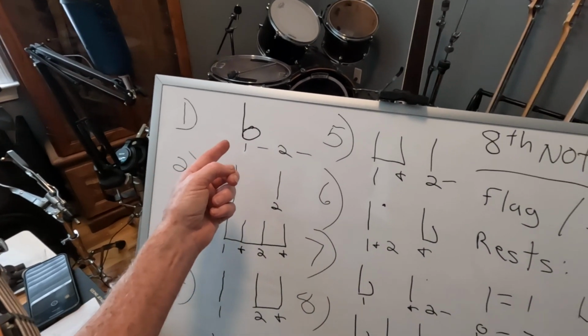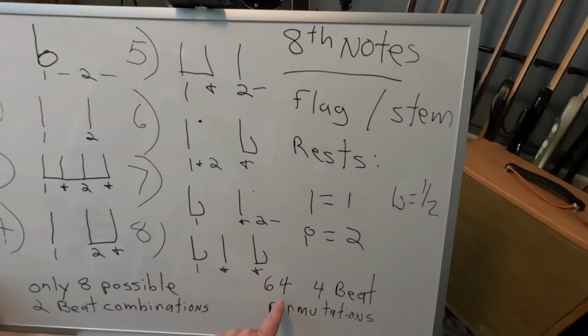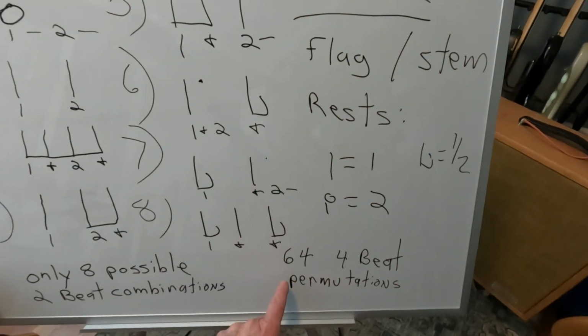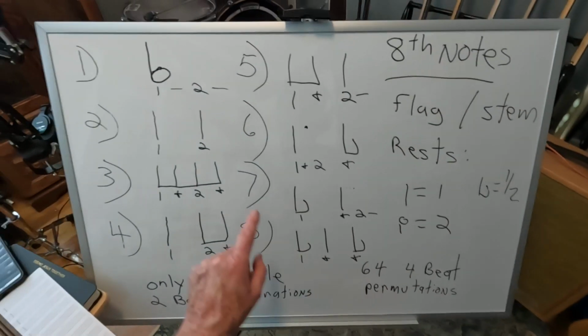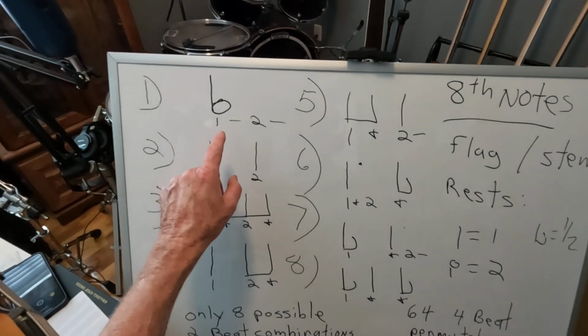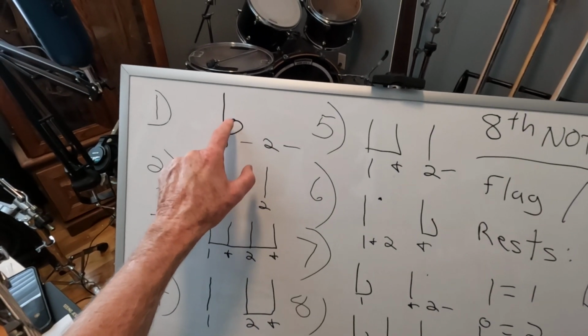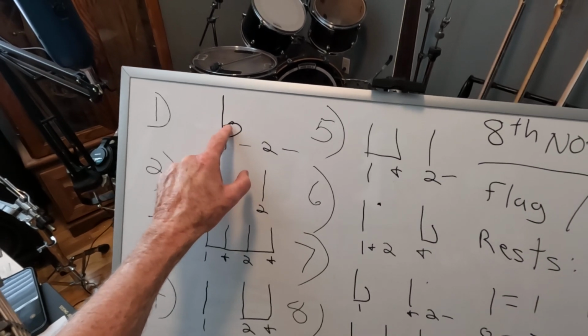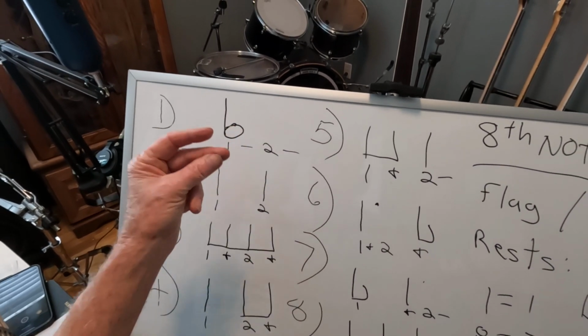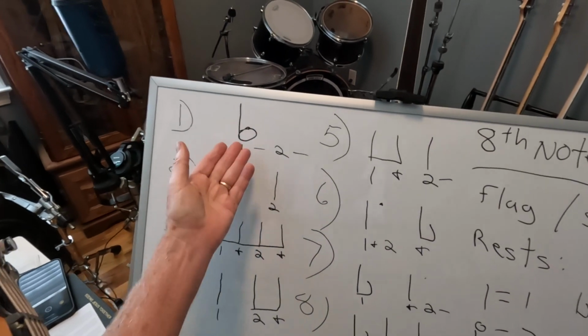So that's another one of the 64 4-beat combinations. So 1, 2, 3, 4, 1, 2, 3, 4. That'd be 2 half notes.